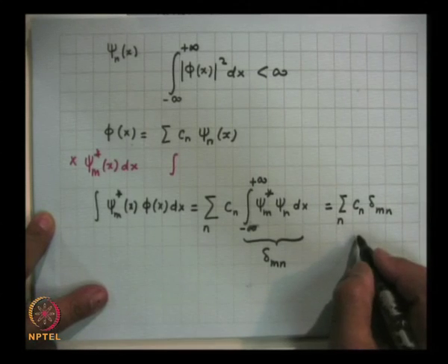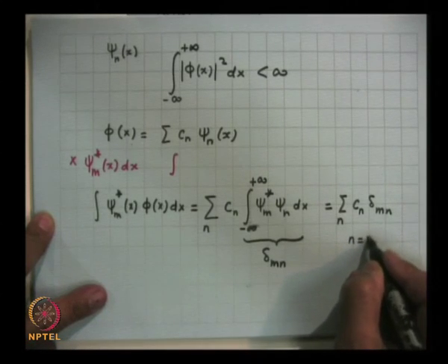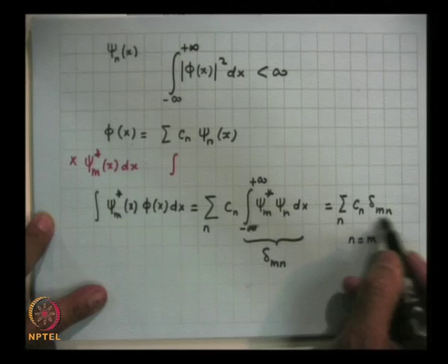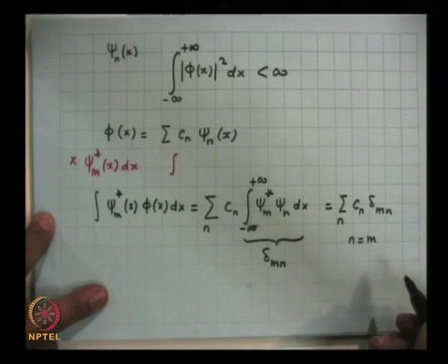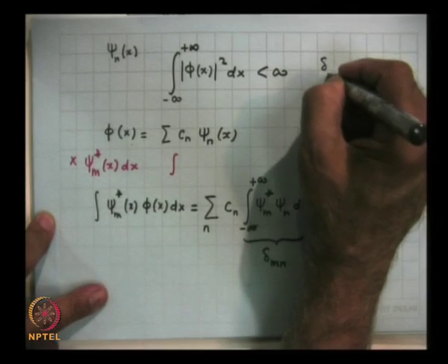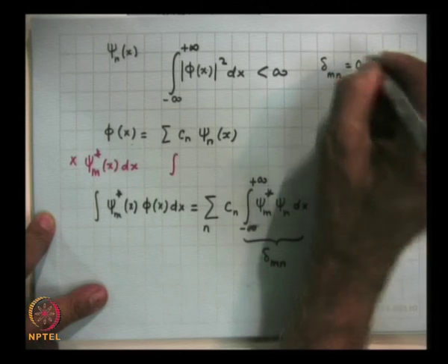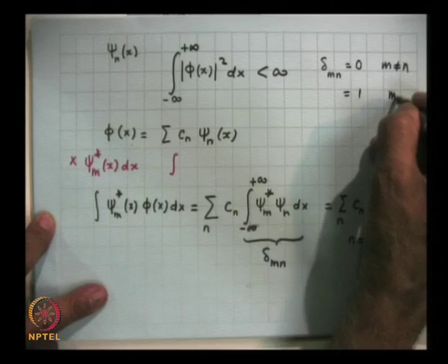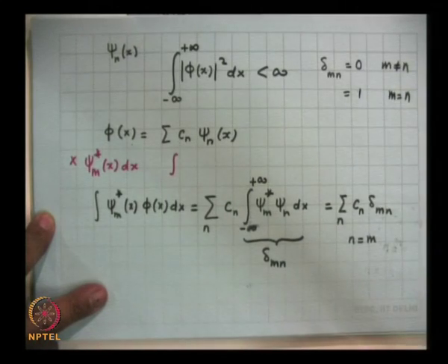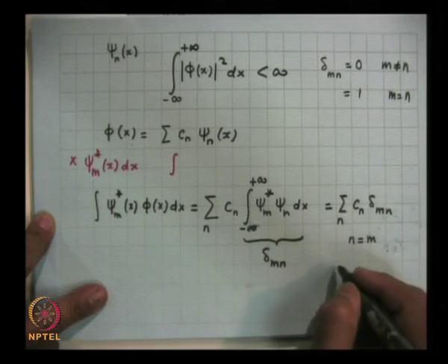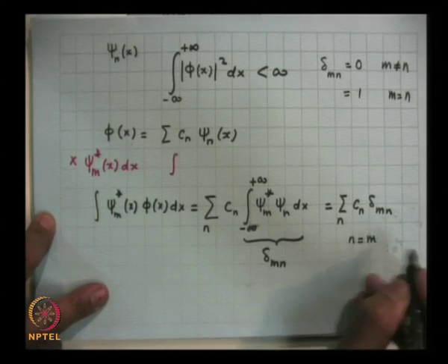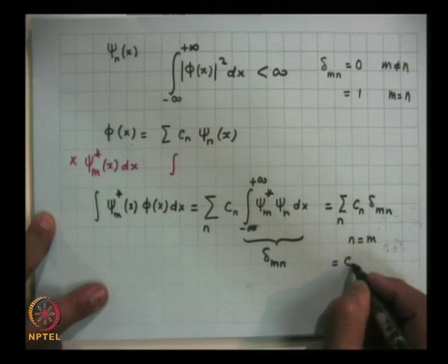So, only the n equal to m term will survive, because for all other terms this Kronecker delta function is 0, as I had mentioned that delta m n is equal to 0 for m not equal to n and is equal to 1 if m is equal to n. So, when n takes the value m, that term survives. So, this will be equal to C m.